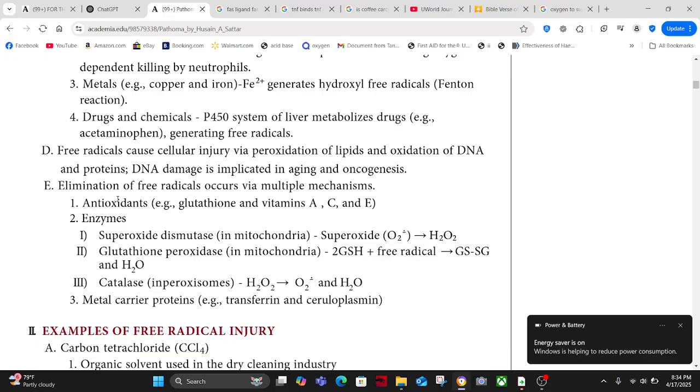Each of these ones, we're going to start with superoxide dismutase.